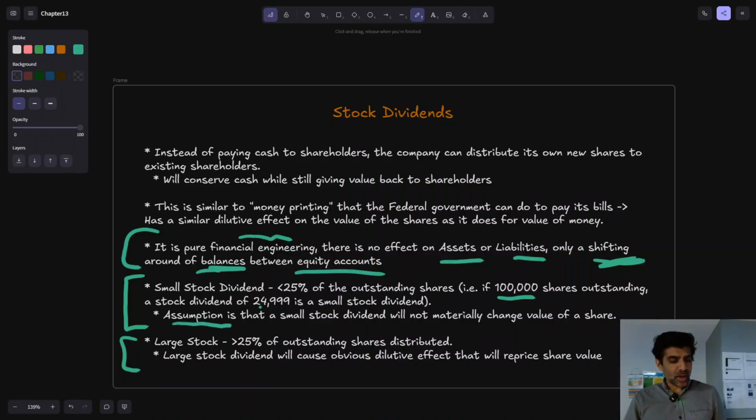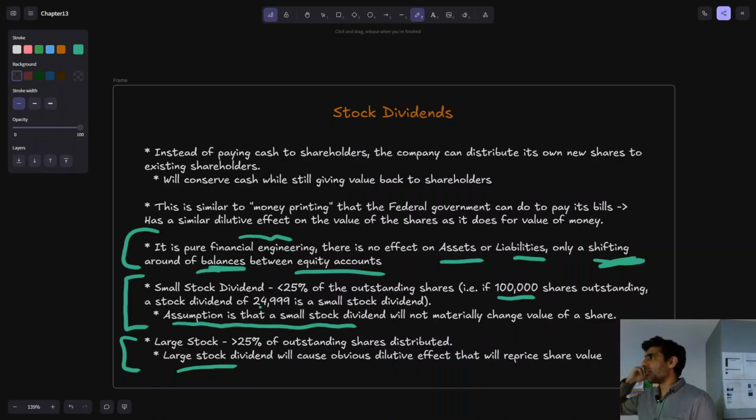As we're going to see, when we account for a small stock dividend, we're going to use the market value of the shares to calculate the value of the stock dividend. The assumption is that a small stock dividend is not going to cause a market-changing valuation change to the stock price. A large stock dividend is going to assume that the dilutive effect is very large, and so the price per share is going to go down.